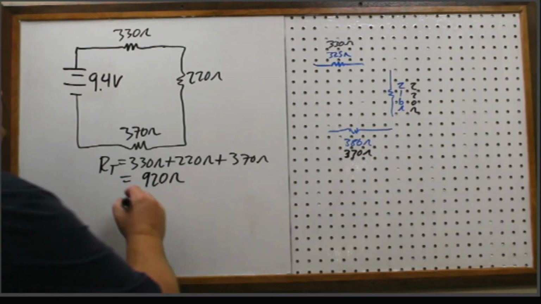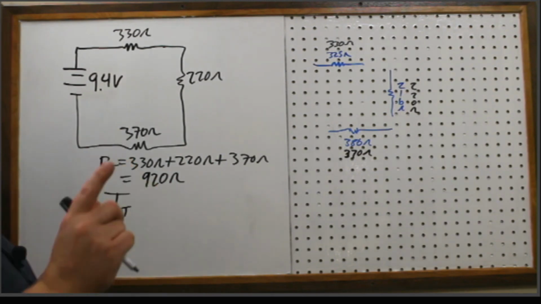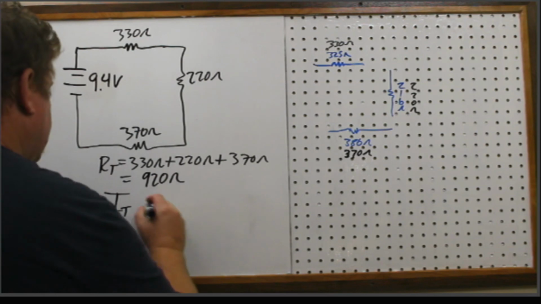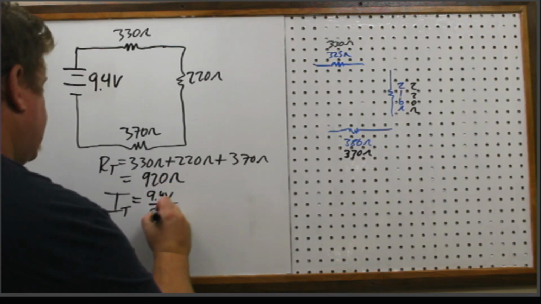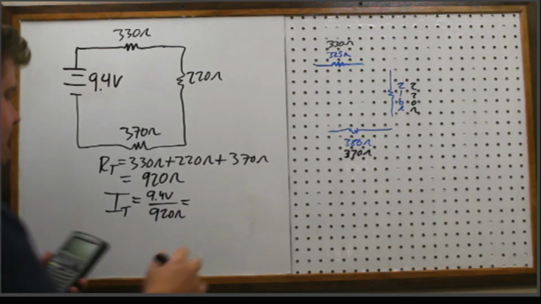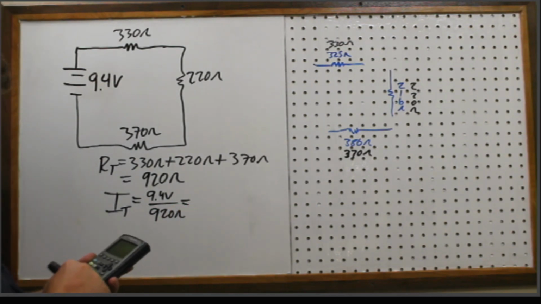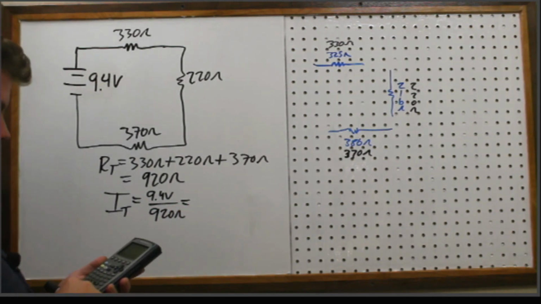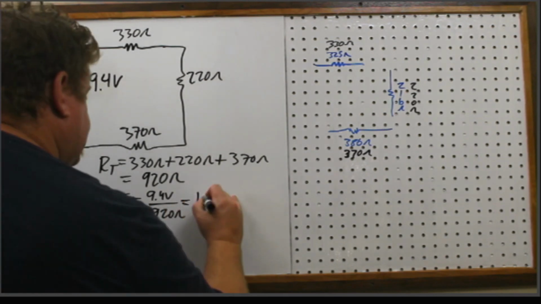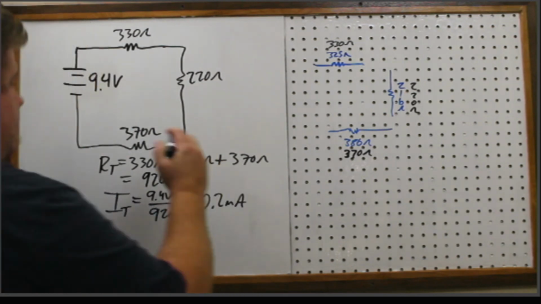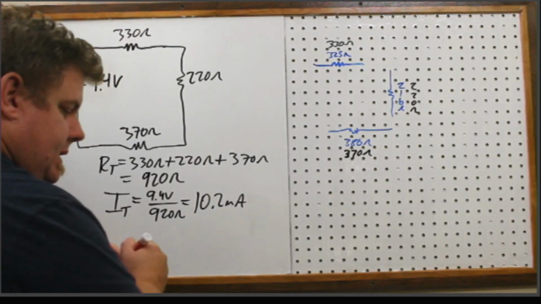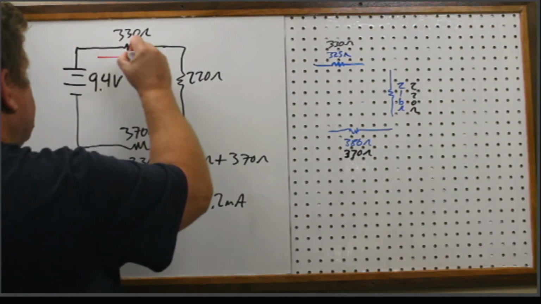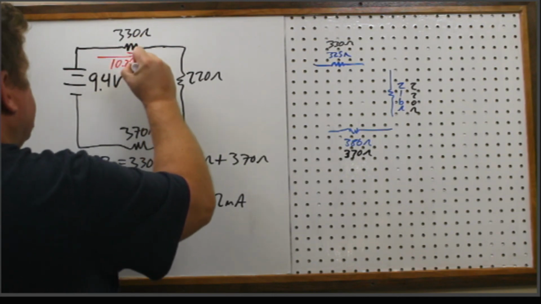Okay, so that means that the current, the one and only current, because this is a series circuit, is 9.4 volts divided by 920 ohms. And I get 10.2 milliamps. So, for my circuit, I expect to measure 10.2 milliamps.